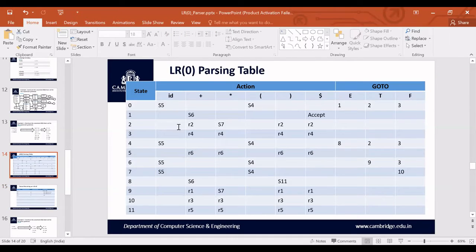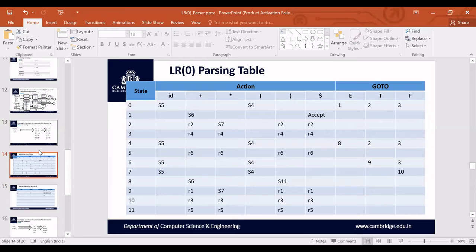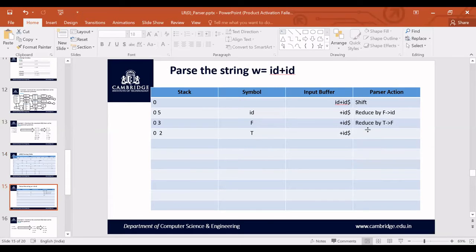2 on plus is again R2. It is a reduction step. Which production are you supposed to reduce by? 2 is E derives T. Again T you are reducing to E. So R2 means it is a reduction step.